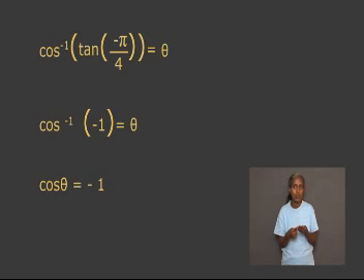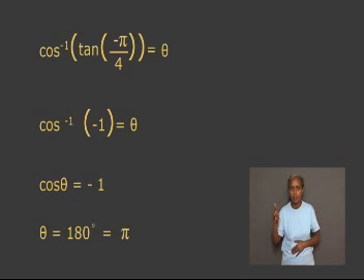Therefore, the cosine of theta equals negative 1. If we use our cosine graph, where y equals the cosine of theta, we see that when y equals negative 1, theta is equal to 180 degrees, or pi.